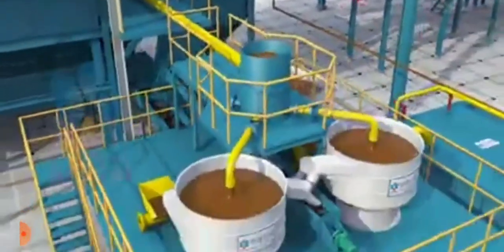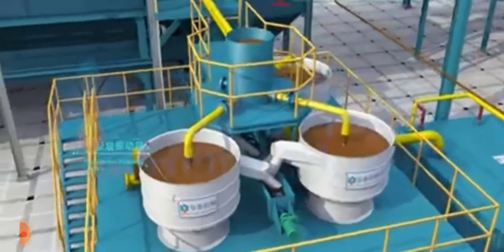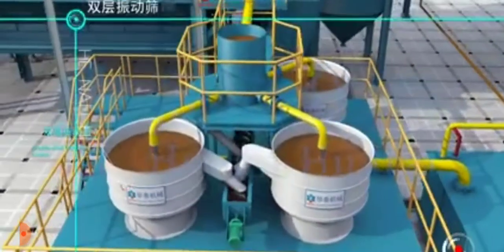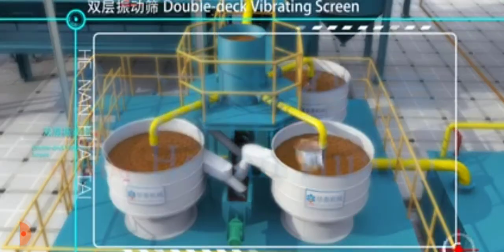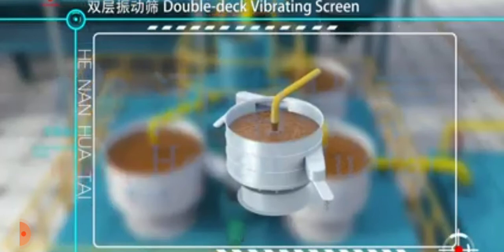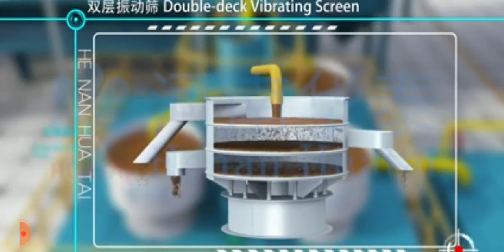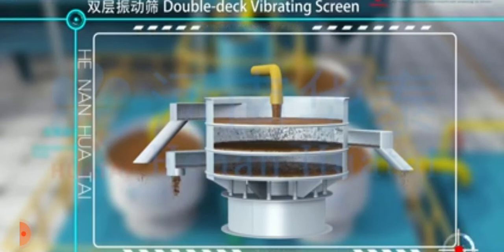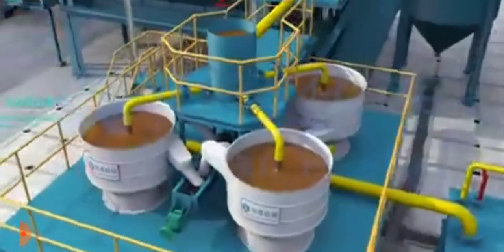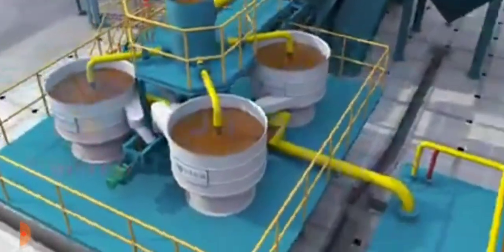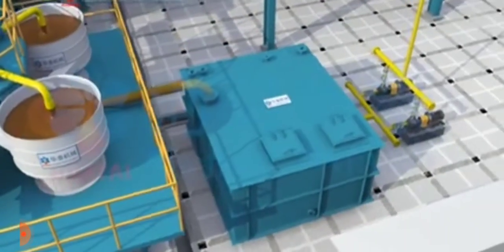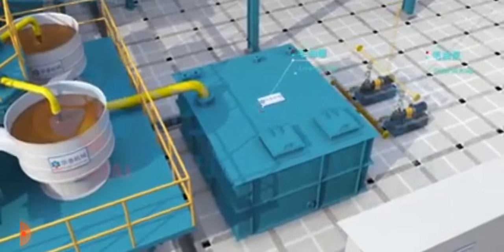It enters the double deck vibrating screen. Through the double deck vibrating screen, separate, collect, and press. Filtered crude oil enters the crude oil tank for temporary storage.